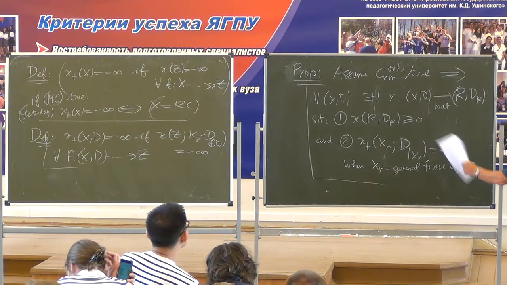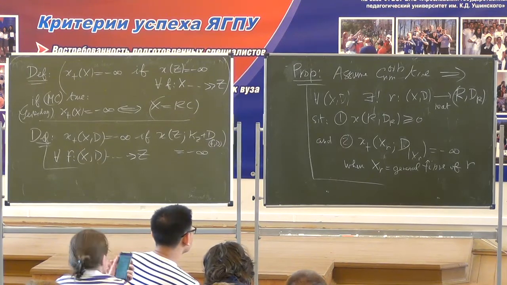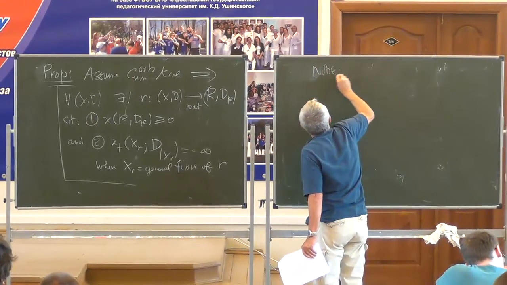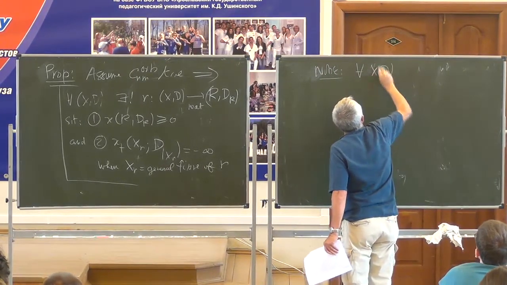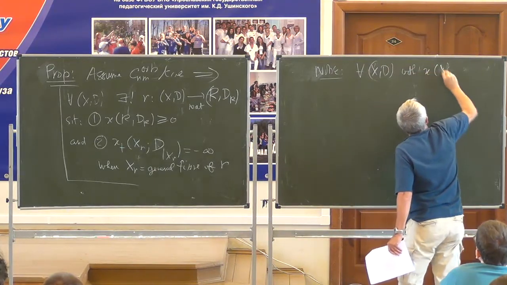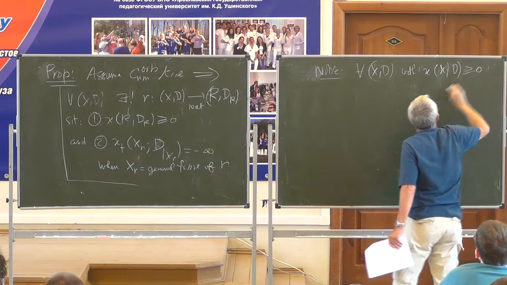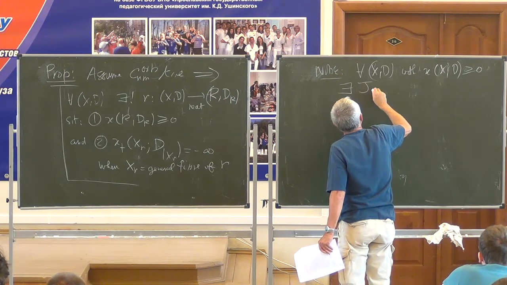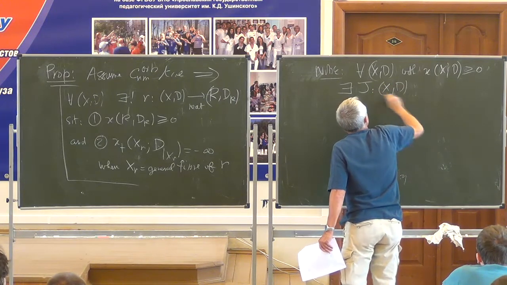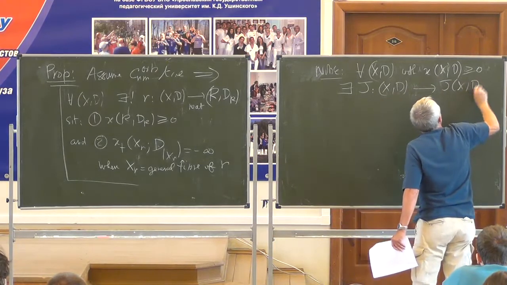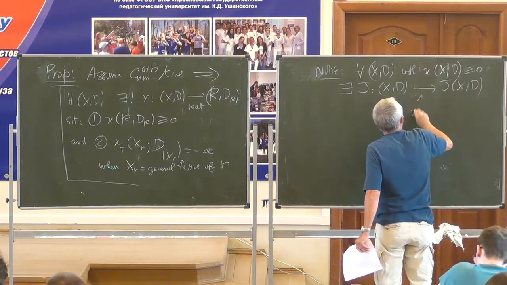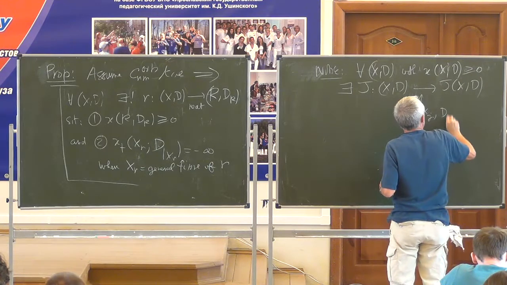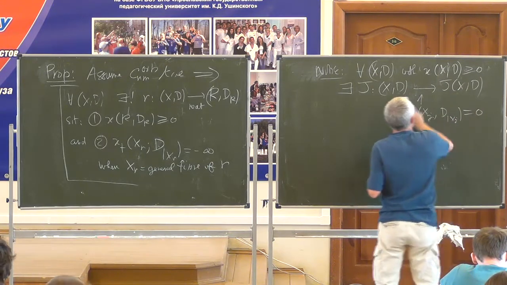So we have this property, and so the consequence, this implies that now I will notice that for any (X, D) now with kappa of (X, D) greater than or equal to 0, there exists also again the Iitaka-Moishezon fibration, which goes from (X, D) to some J of (X, D), where the kappa of X_J, so this is the generic fiber, and D restricted to X_J, this is equal to 0.